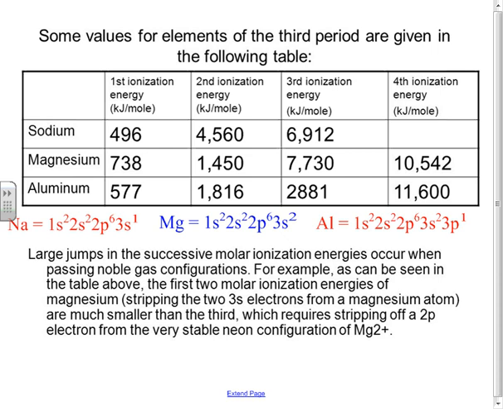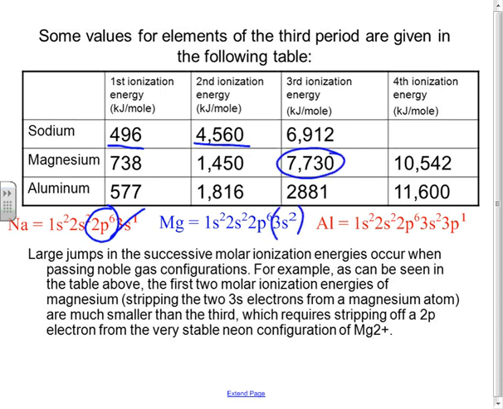So for sodium, the first ionization energy is quite small, but the second is much, much larger than that, again because the first electron is from the outer energy level, but the second electron is going to be core. For magnesium, we see the huge jump between the second and the third.